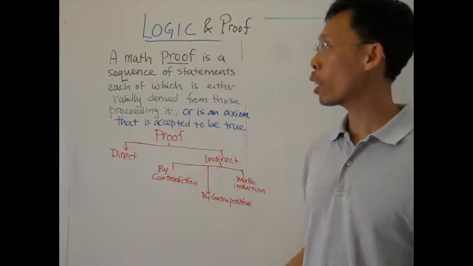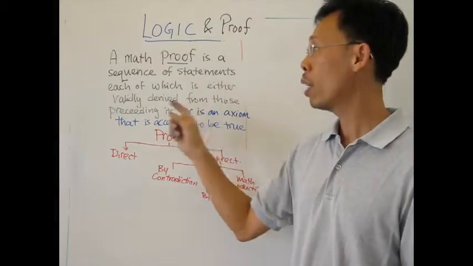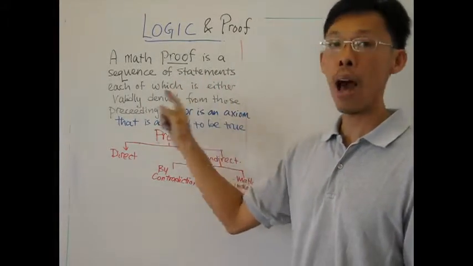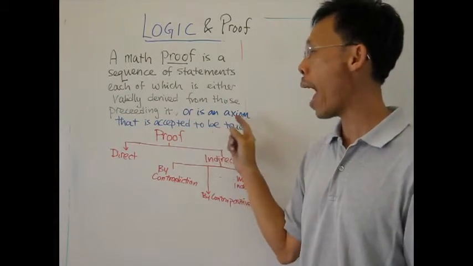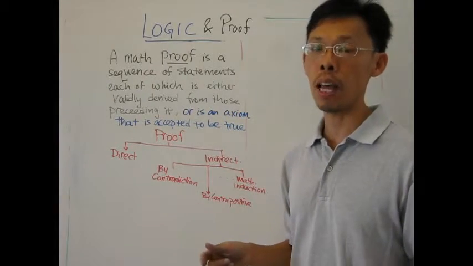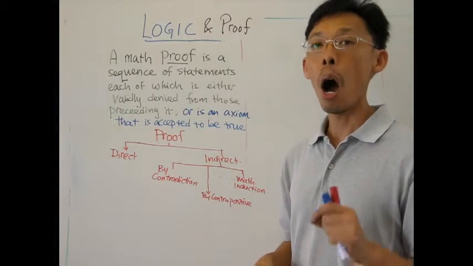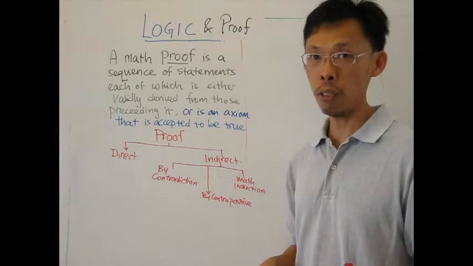So a mathematical proof is a sequence of statements, claims, each of which is either validly derived from those preceding it, or is an axiom that is accepted to be true. Axioms are some of the statements that we use in math that are accepted to be true. For example, a point is an object that has no dimension.